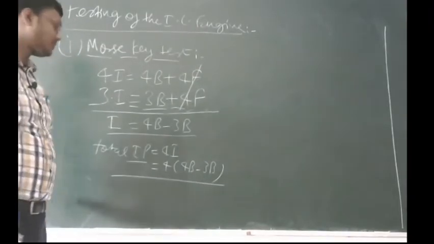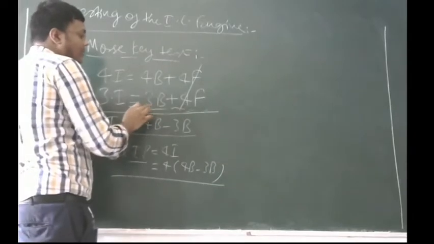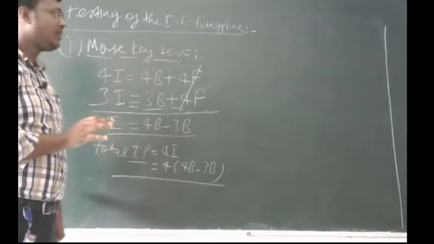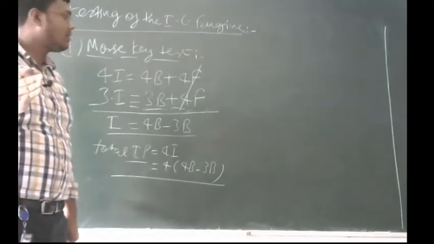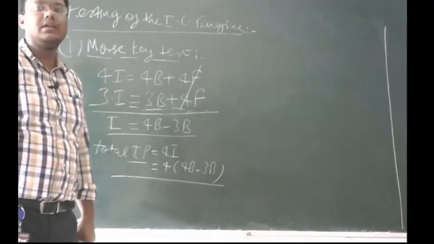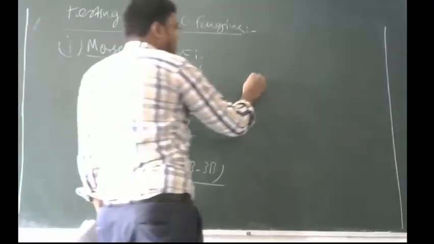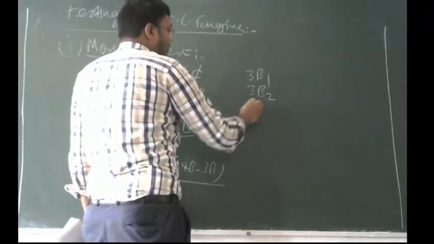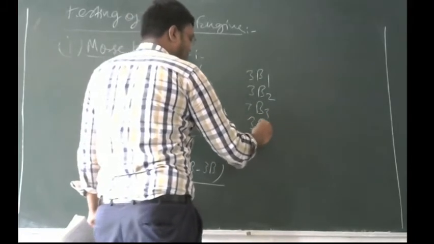Now, how do we calculate the average brake power of 3 cylinders, 3B? For that we conduct four tests. In every test, we close the sparking of one cylinder, so we get 4 results: in the first test we get the power 3B1, second 3B2, third 3B3, and fourth 3B4.